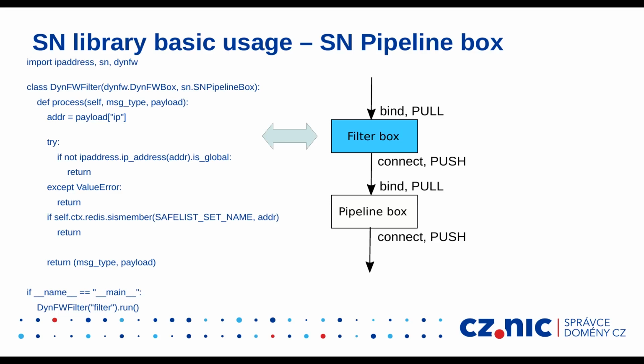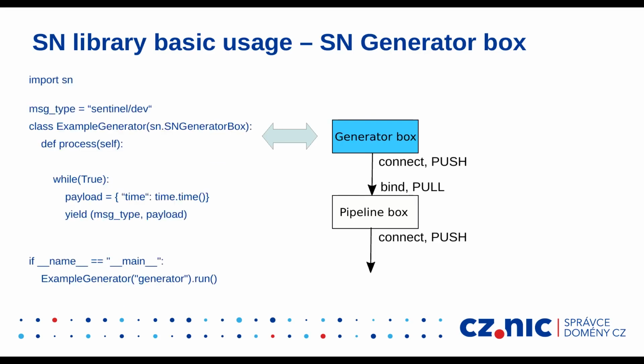This code, which I'm showing here, is actually not an example, but one of our real boxes. This very box serves as a filter in our dynamic firewall pipeline. It only forwards those messages which have a valid and global attacker IP address in their payload. The rest of the messages is simply dropped.